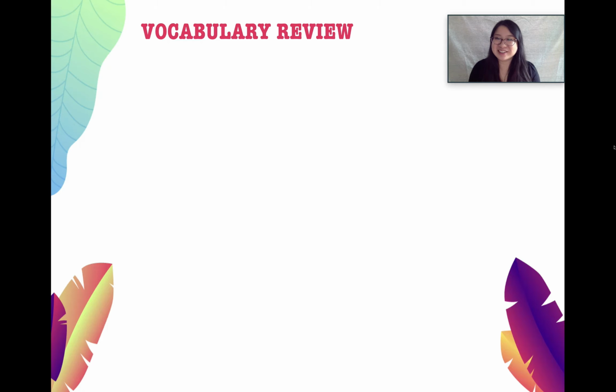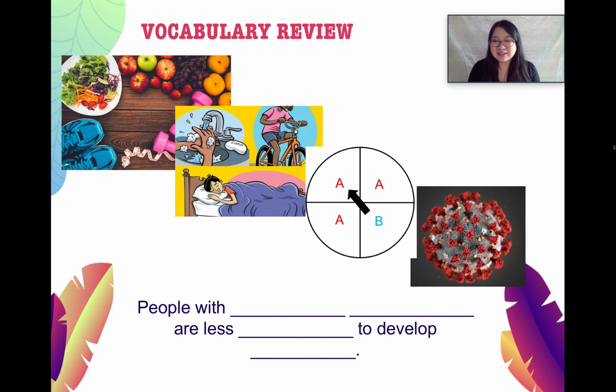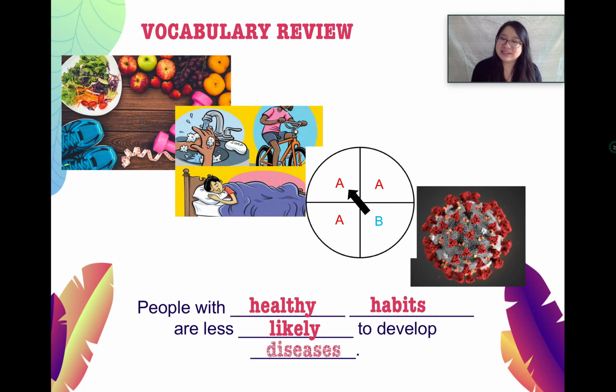Here's the sentence. People with are less to develop. Now let's look at the pictures. People with healthy habits are less likely to develop diseases.